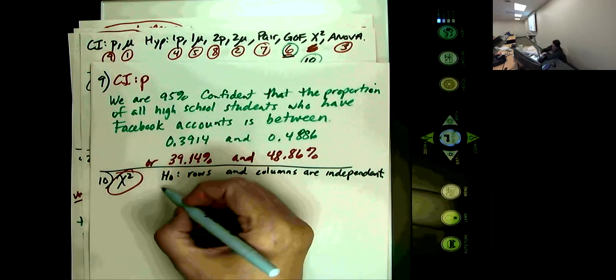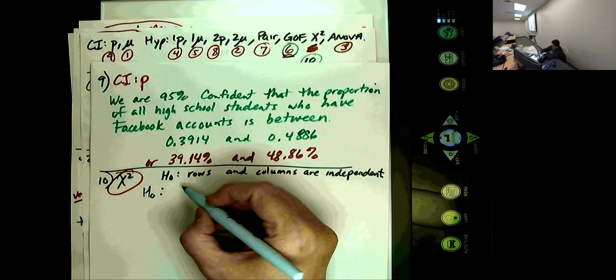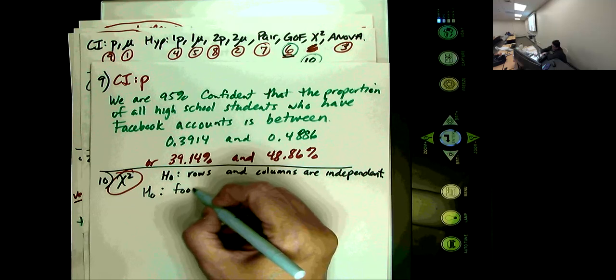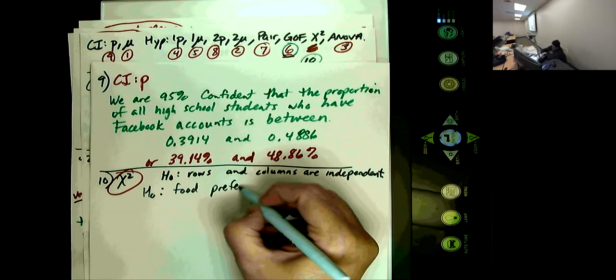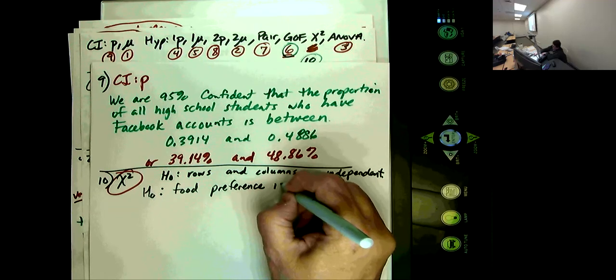You should probably up your game and make it match what's in this thing though. Food preference is independent of gender. They give you the sentence right in it. Test the claim that food preference is independent of gender.